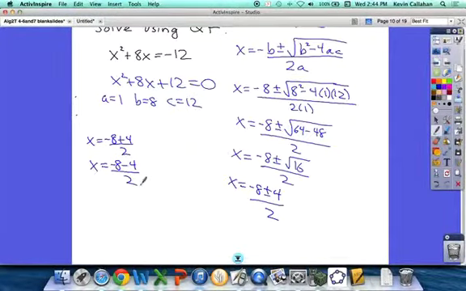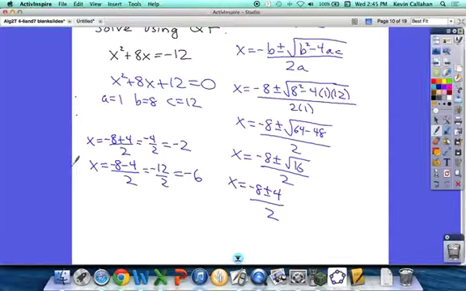That's what plus or minus means. Do it twice. The negative 8 plus 4 is negative 4 over 2, which is negative 2. The negative 8 minus 4 is negative 12 over 2, which is negative 6.